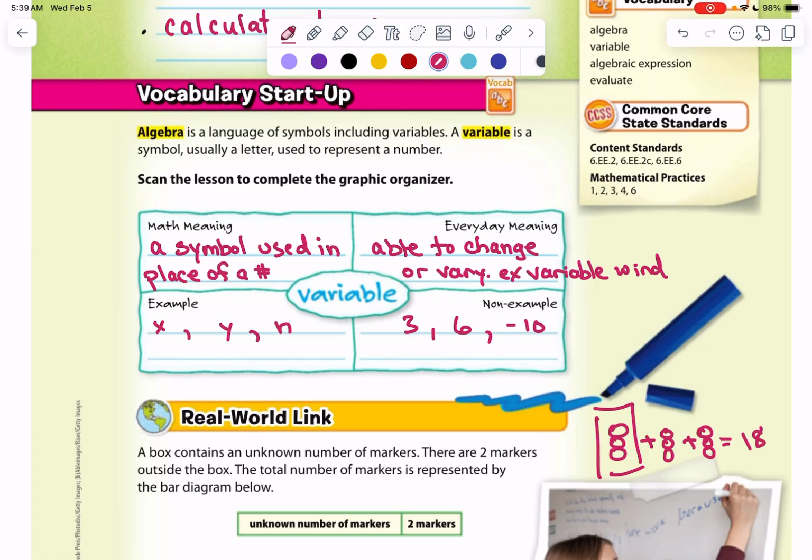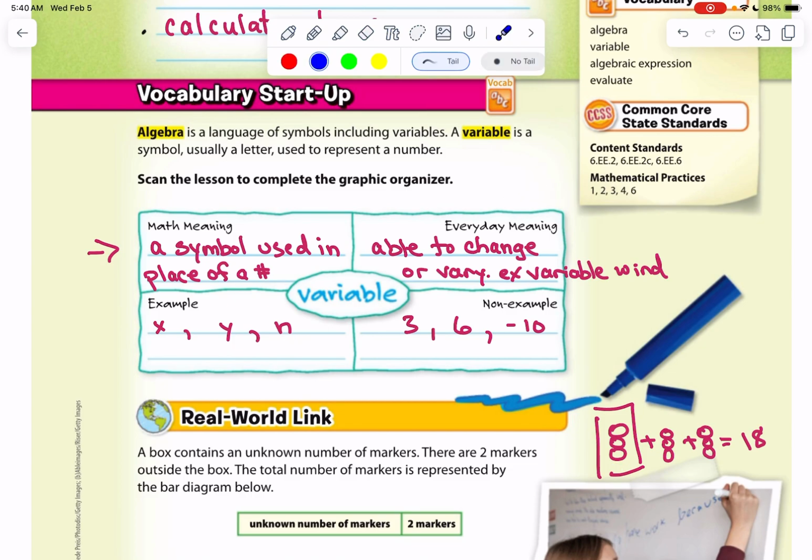Okay? So these things right here need to be written in. I pre-wrote them to save time, but I'm going to read them to you now. So, math meaning of a variable: a symbol used in place of a number. Examples, you might see an X or a Y or an N or a snowman.